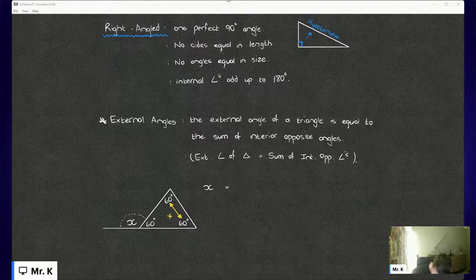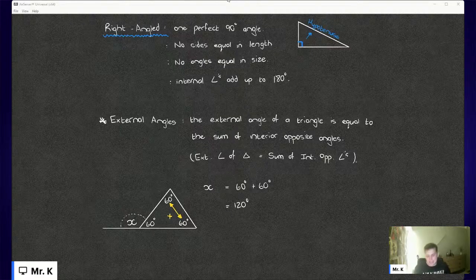right? So in this case, that angle X that we see on the outside is the same as 60 degrees plus 60 degrees, which gives us a total of 120 degrees. And that makes sense, guys, because looking at the angle on the outside, this is an obtuse angle.